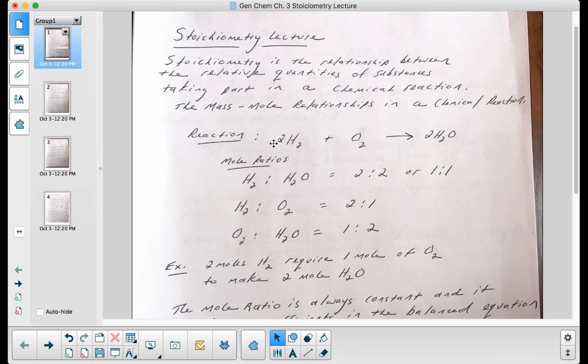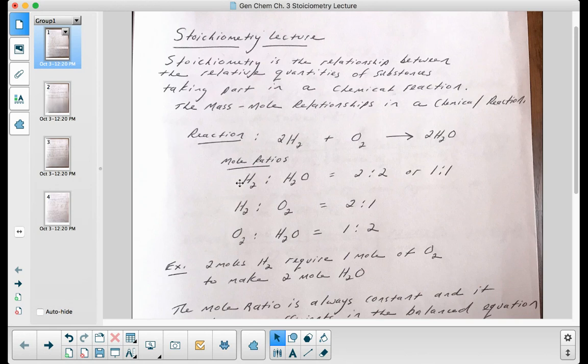So when you show your balanced equations, such as this one here, 2H2 plus O2 goes to 2H2O, the coefficients out in front of the hydrogen, the oxygen, and the water give us the mole ratio between each of the components.